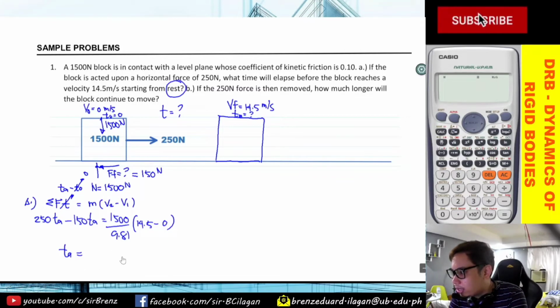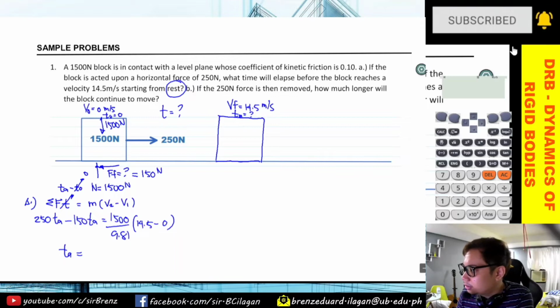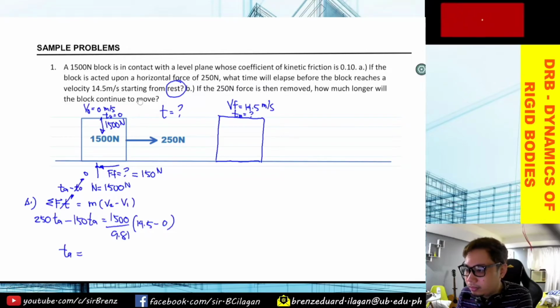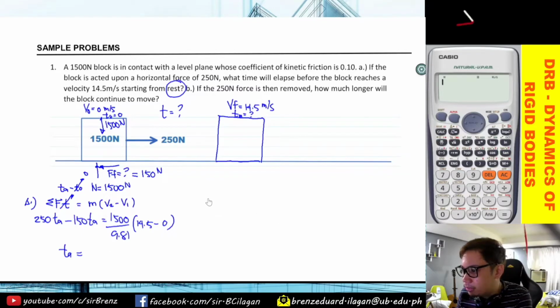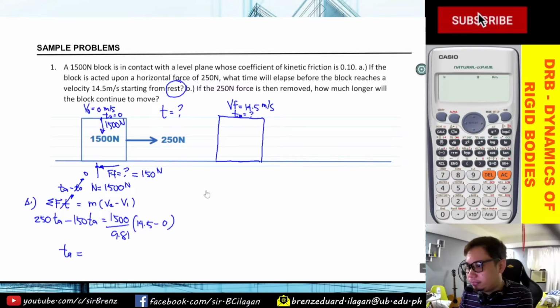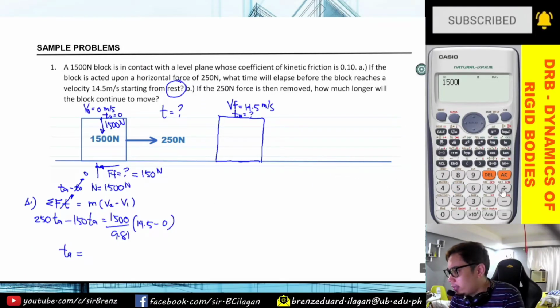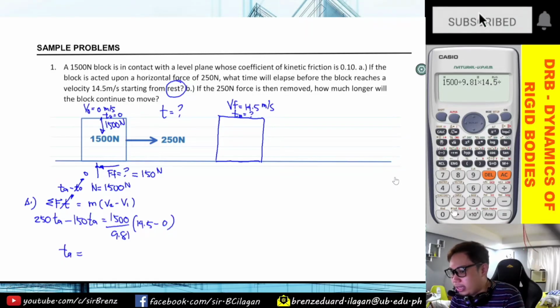So let's just open our calculator. Sorry, the calculator broke again, let me open it for a moment. Okay, so the equation will be 1,500 divided by 9.81 times 14.5 and then divided by 100.